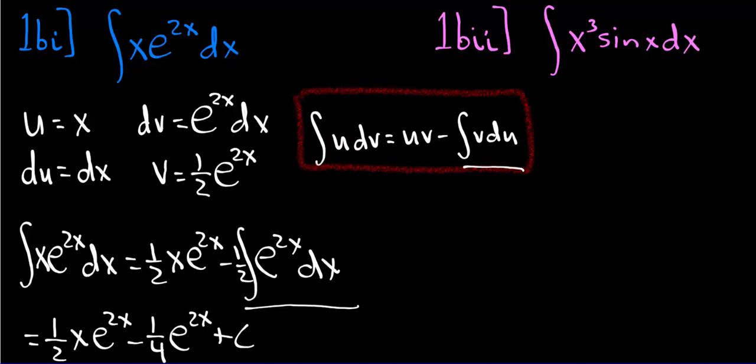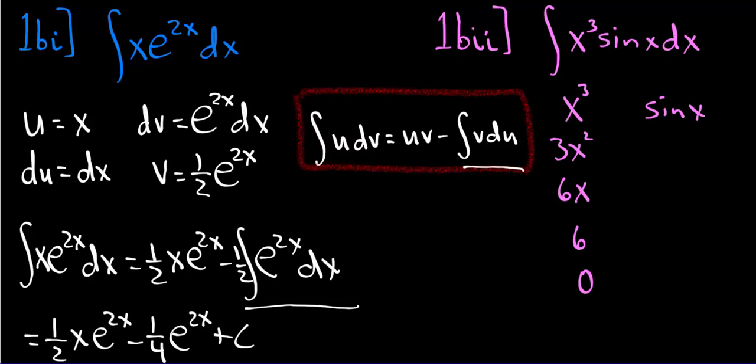And what we do with tabular is we start off with x cubed and we start differentiating it. 3x squared, 6x, 6, and 0. See, I just start differentiating that x cubed until it's nothing. Differentiate it once, 3x squared. The next time, 6x, 6, and then 0. Then we take this other thing, sine, and we anti-differentiate.